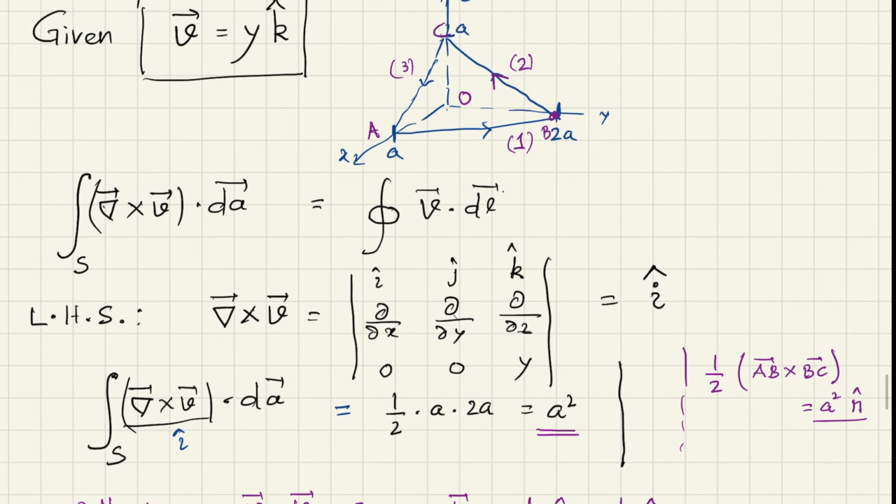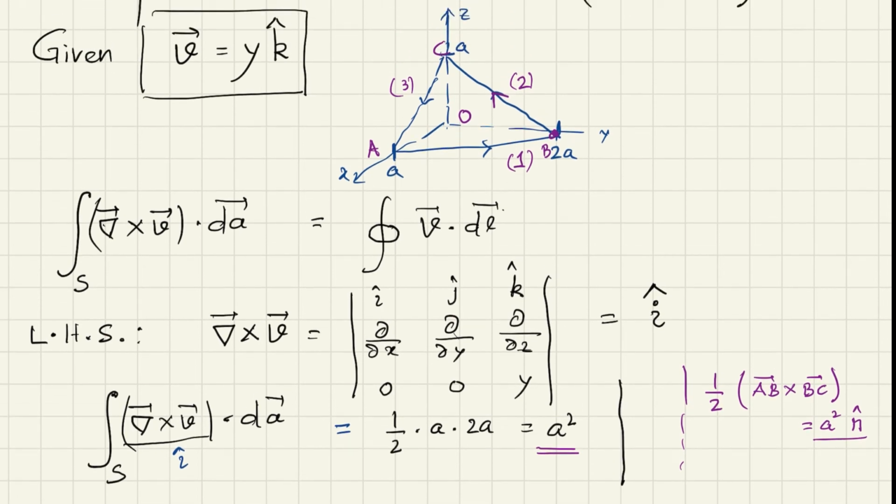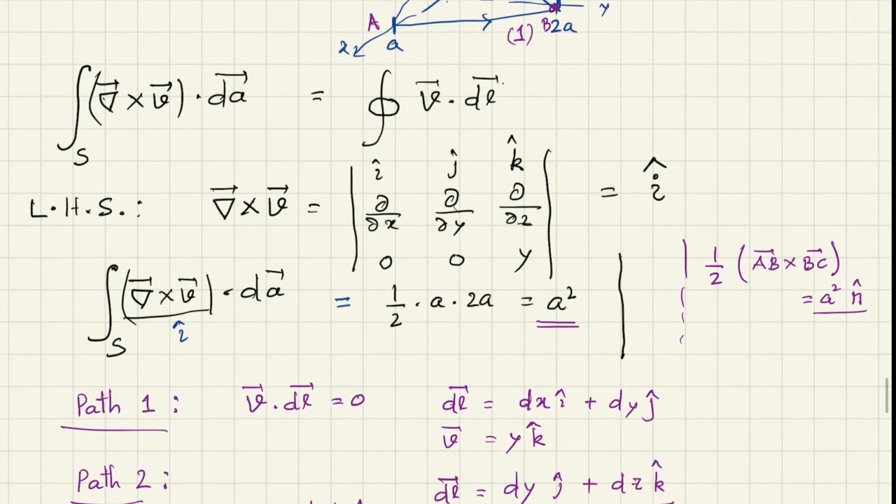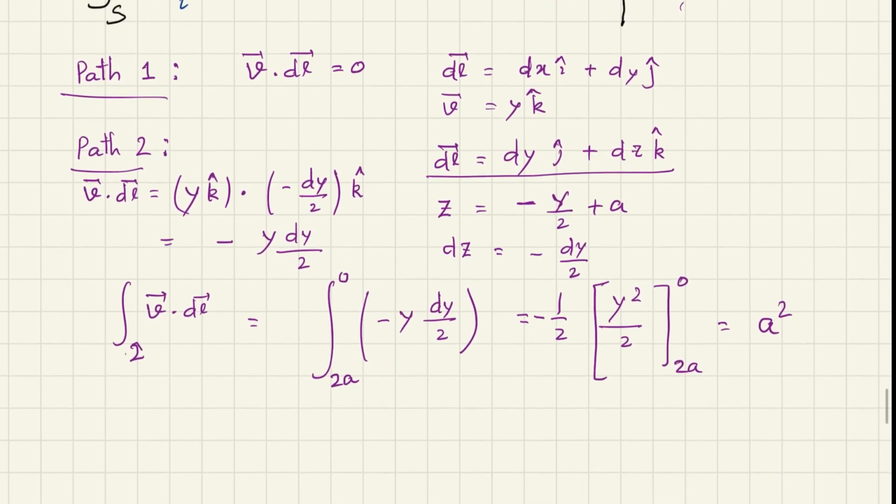This is path 3. In path 3, you can see already that y is 0 everywhere, because it's in the zx plane. And if y is 0, v is equal to 0, so hence I need not calculate.